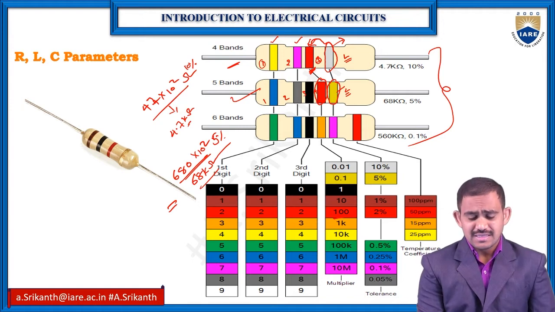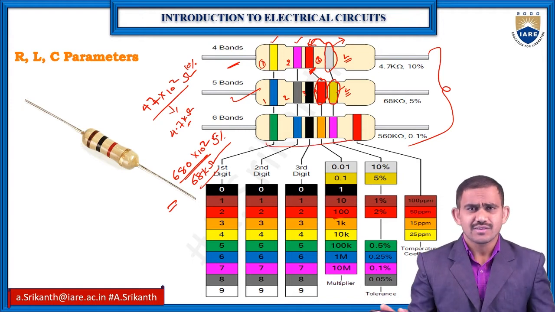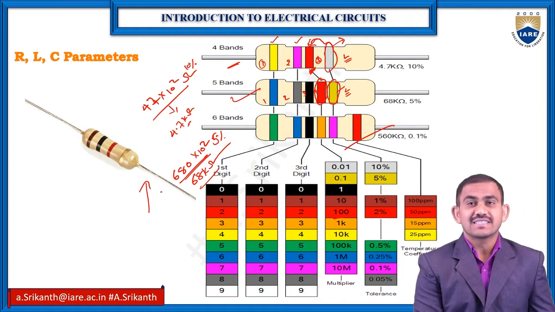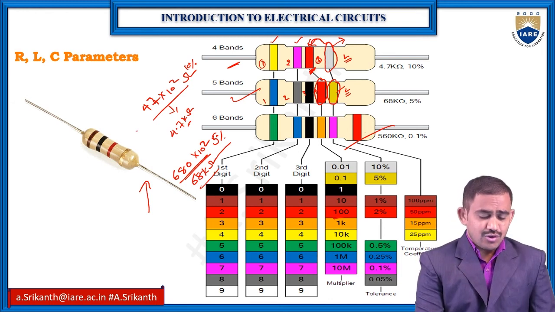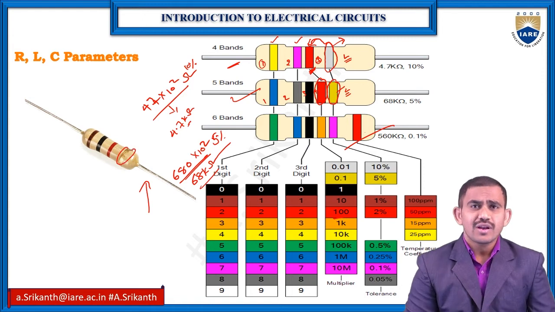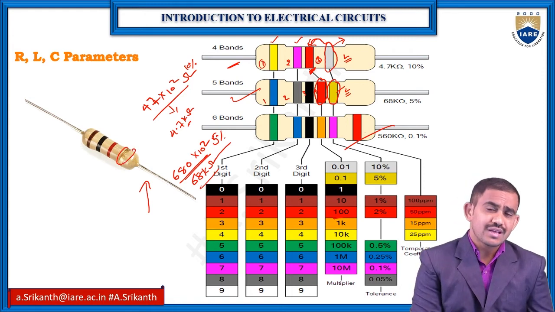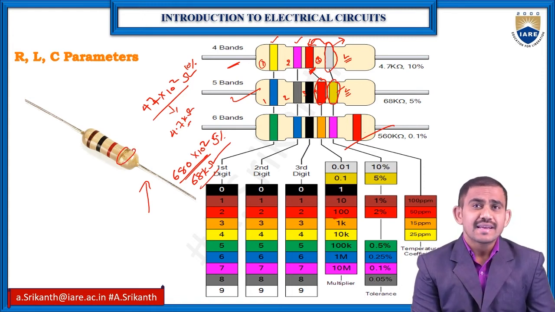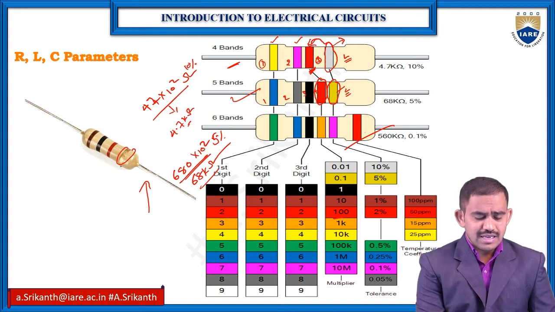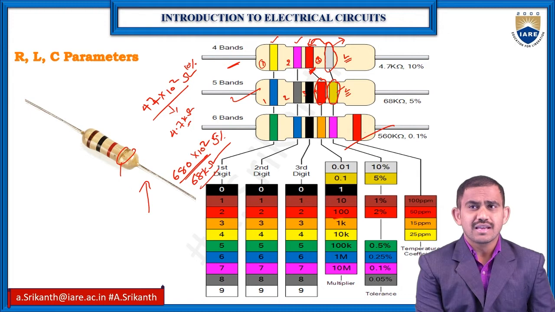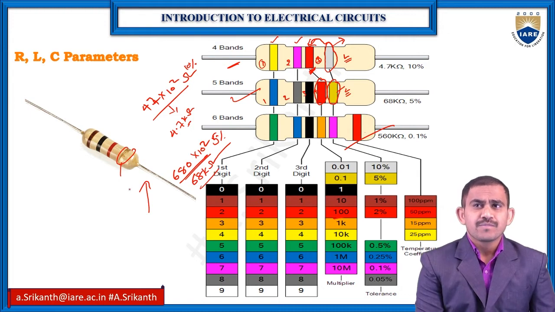Same for 6 bands, 7 bands, whatever, no problem. Practically, I have one resistor here. What is the value of this resistor? We'll find out using color coding. Which is the given tolerance? My tolerance is the gold color, with 5% tolerance. Before the gold color is my multiplier, and the remaining are my values.